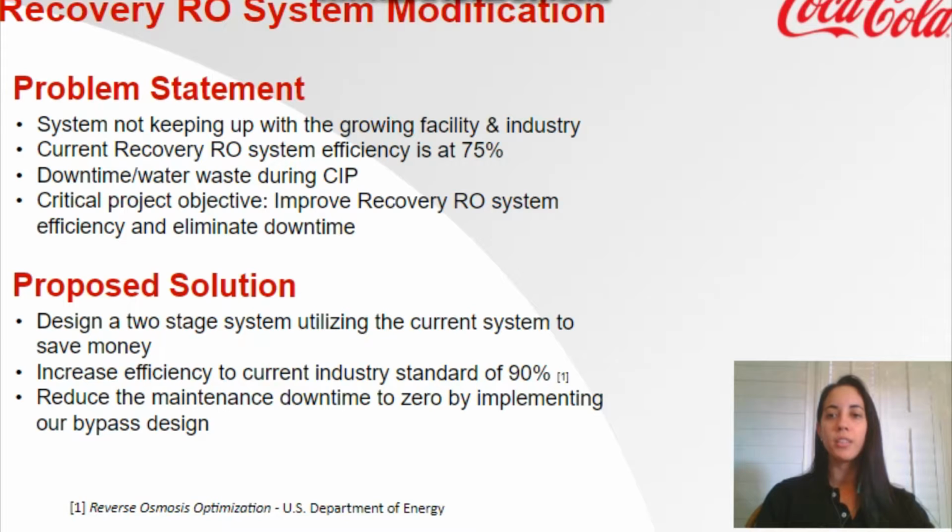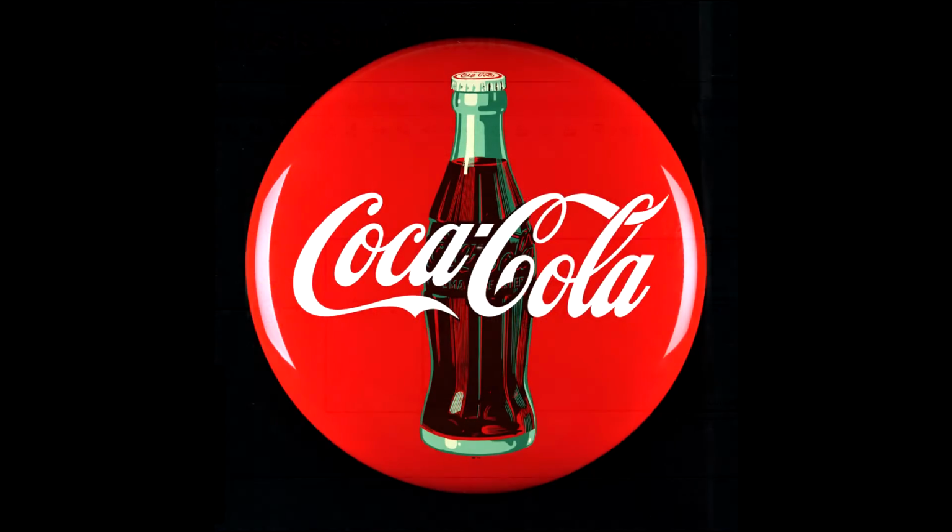The recovery RO system oversees cleaning and reserving concentrate output from the nanofiltration and reverse osmosis systems. The proposed design would eliminate downtime for maintenance, improve the recovery efficiency from 75% to over 90%, maximize the volume of permeate produced, and generate over 13 million gallons of permeate every year, all while further promoting water conservation.